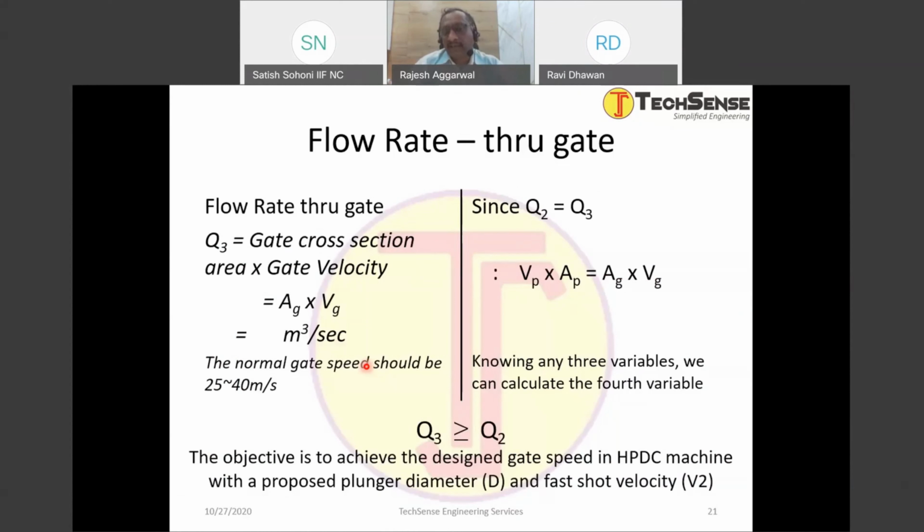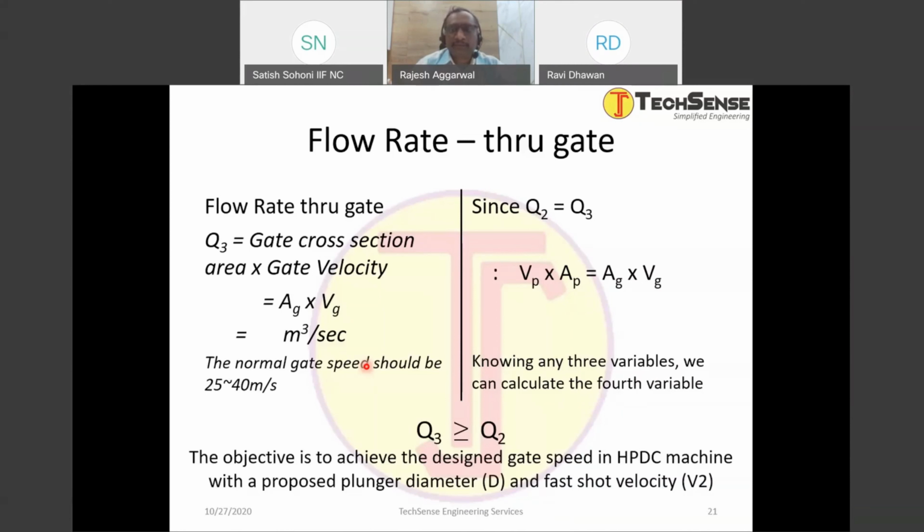Similarly, we can say the Q2 should be equal to Q3. Right? We saw in the previous slide the Q2. The Q2 should be equal to Q3 means what? VP into AP should be equal to AG into VG. So what we are trying to look at this formula, knowing any three variables, please remember the word I am saying, any three variables, we can calculate the fourth variable.